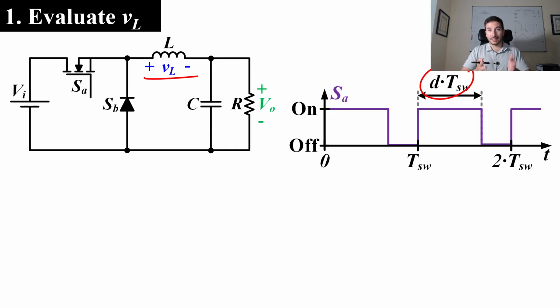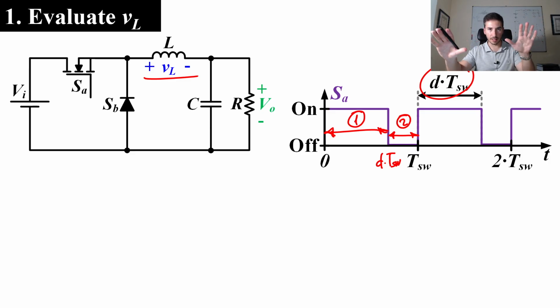In order to evaluate that voltage, what we are going to do is to establish two states. First state is this one. This is state 1, from 0 to D times T switch, and the second state is this one, from D T switch to T switch. So we will consider state 1, state 2, and we will evaluate the voltage across the inductor in each state.